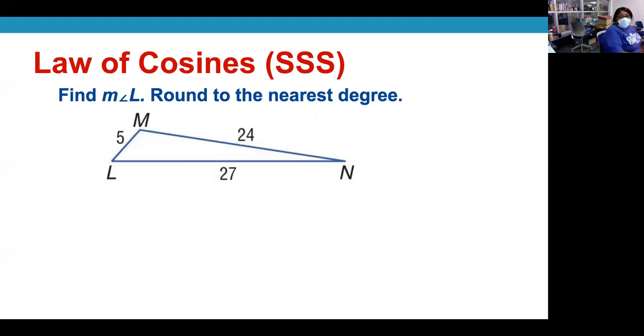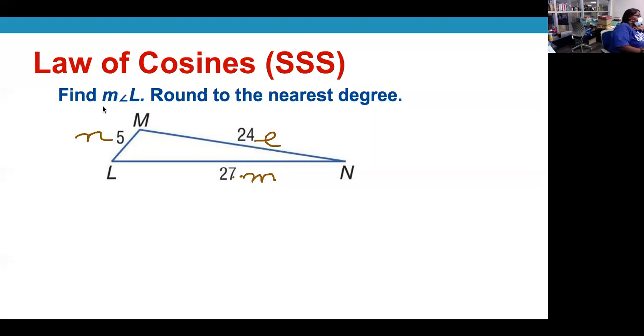So if I'm trying to find angle L, then the first thing I want to do is label the side lengths. So here's angle L, so this is side L. This is side M. I don't know why this thing not being want to work sometimes. And this is side N.